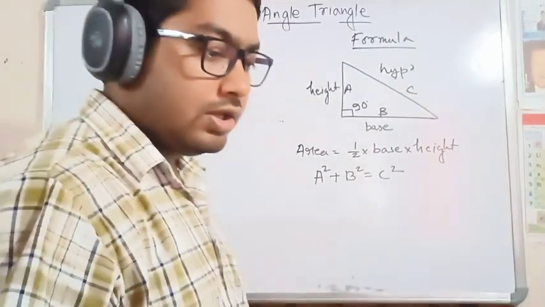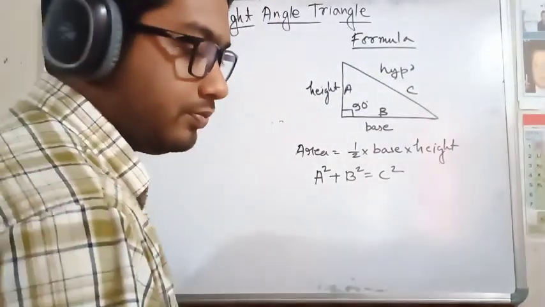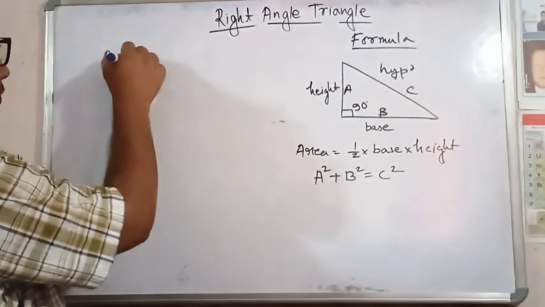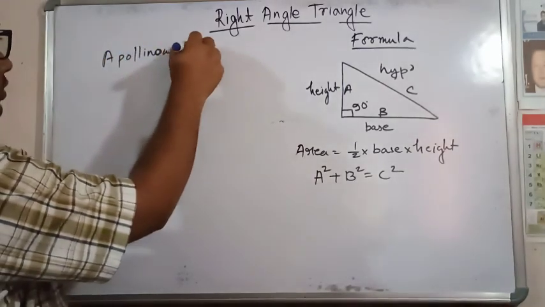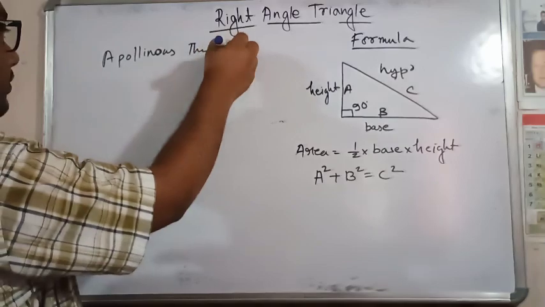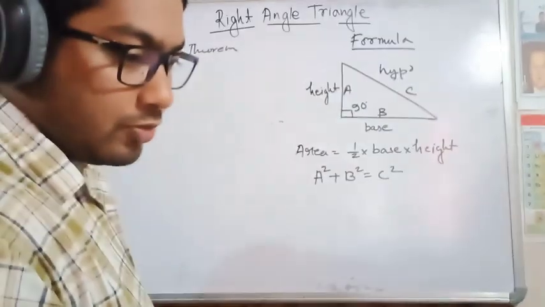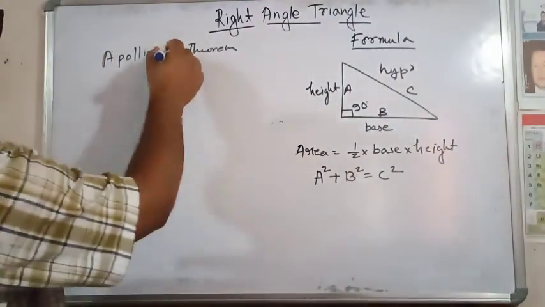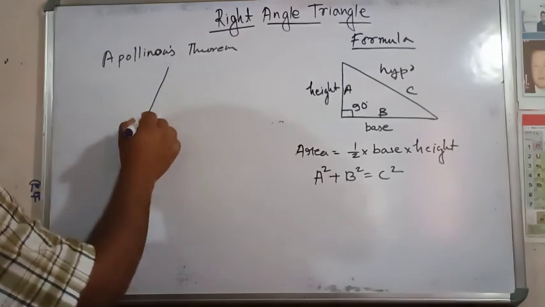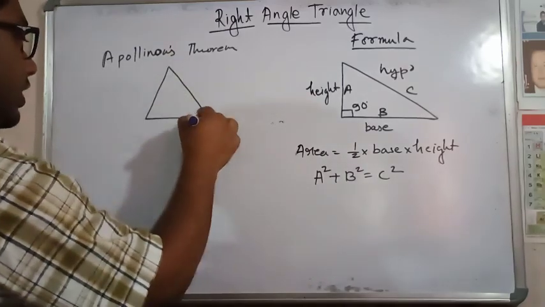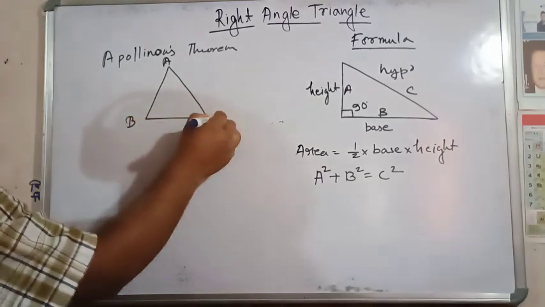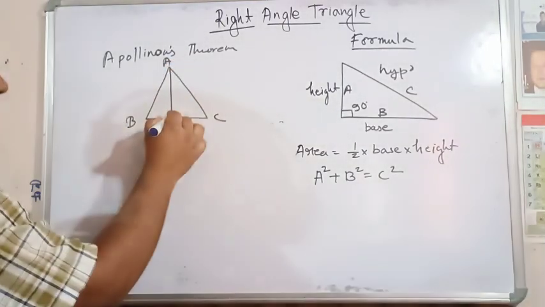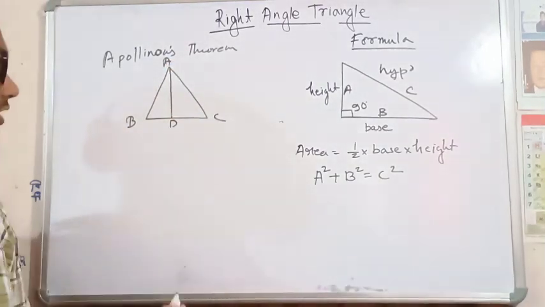This is called the Apollonius theorem. Apollonius's theorem: find this kind of triangle. We take triangle ABC and we take a median AD.